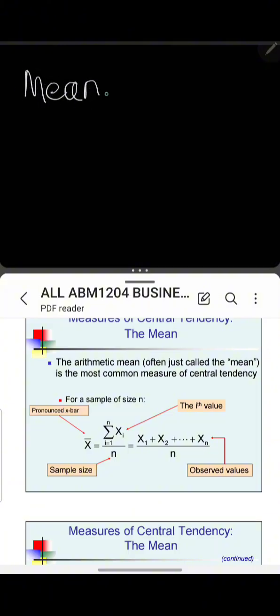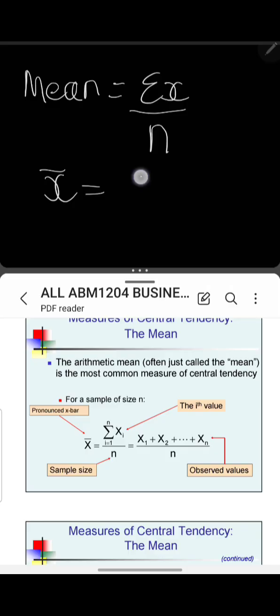And we know the mean is the same as the summation of all items divided by the number of items. Sometimes it can also be written as x bar equals the summation.